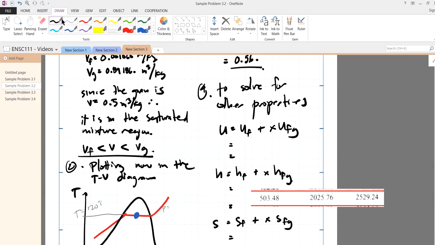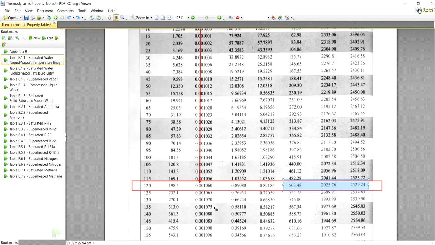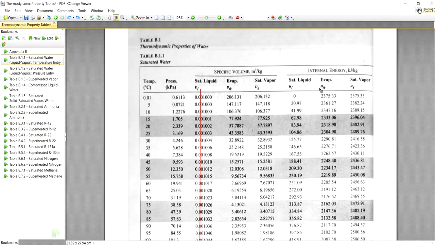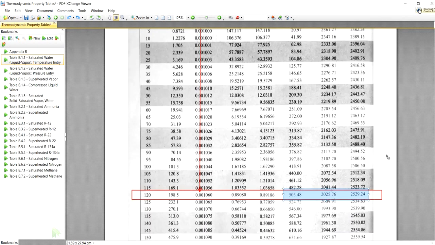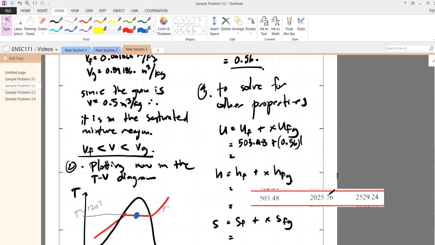So uf is 503.48 plus 0.56 times the ufg, which is 2025.76.